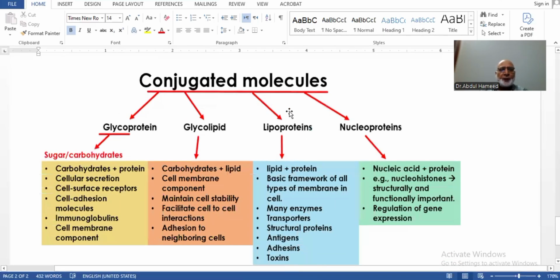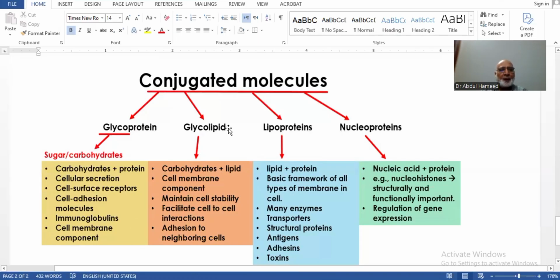So, briefly, the conjugated molecules are glycoproteins, glycolipids, lipoproteins, and nucleoproteins. In case of glycoproteins, the combination is sugar or complex carbohydrates plus proteins, and the functions are cellular secretion, cell surface receptors, cell adhesion molecules, immunoglobulins, and cell membrane components.